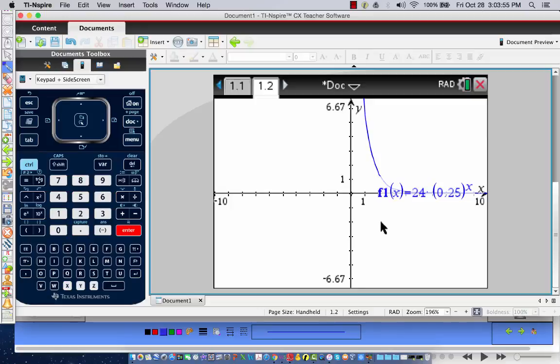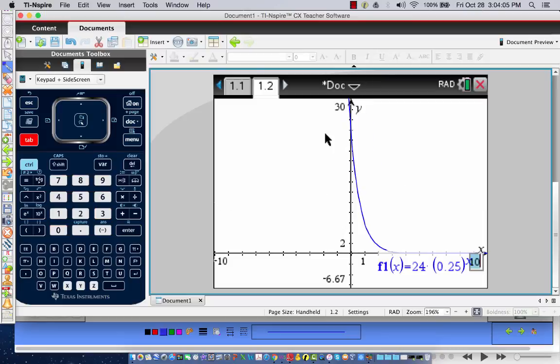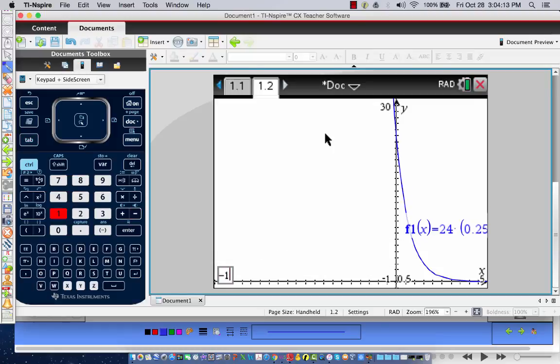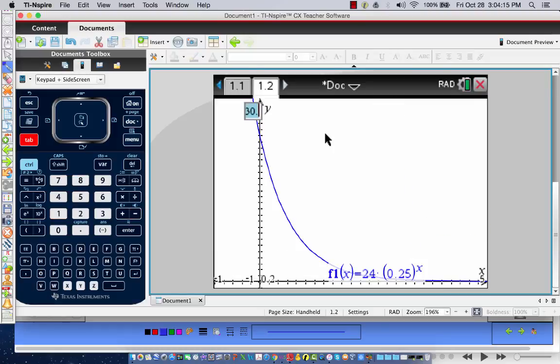But I want to get a good picture of the graph, so I know that the initial was 24, so maybe I'll make this 30, and I don't know, we went out to 3 seconds, so maybe I'll make this 5 seconds. And then I really don't care about this, -1, -1, because everything's happening in the first quadrant.